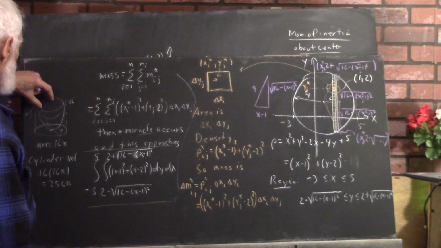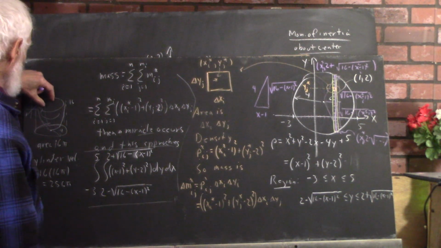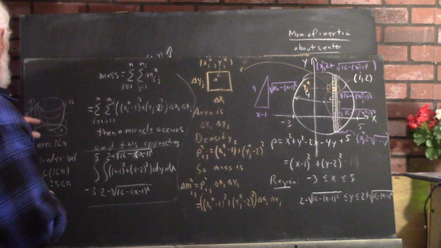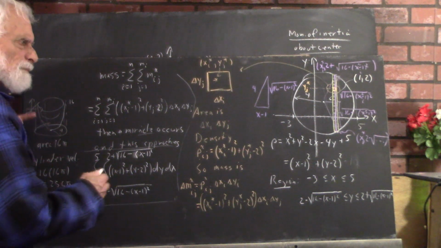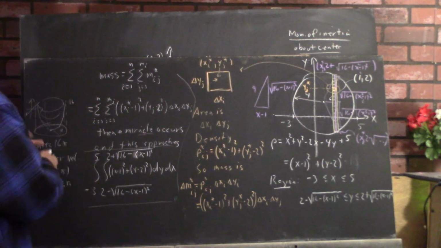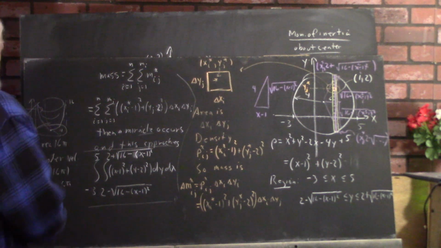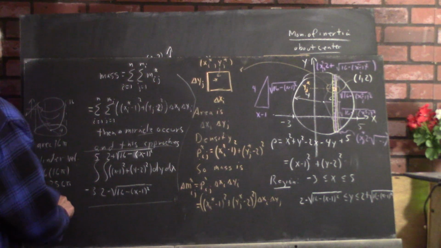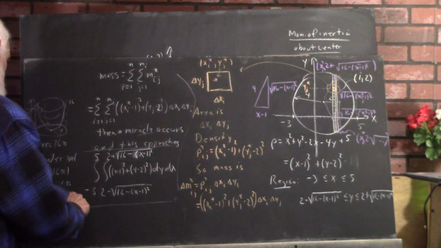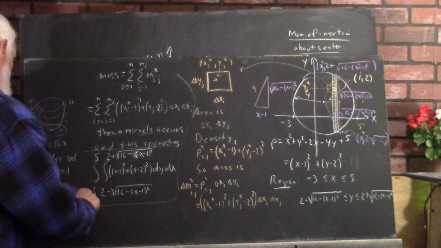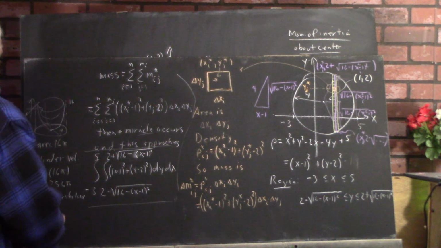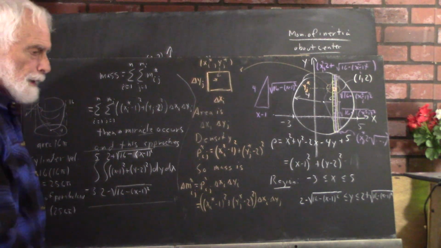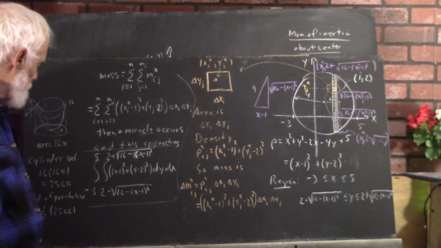If you look at the volume of this paraboloid of revolution versus the volume of the entire cylinder, you see that the volume ought to be about half of the volume of the cylinder. So that may be half of 256 pi, which would be 128 pi, which actually turns out to be correct.